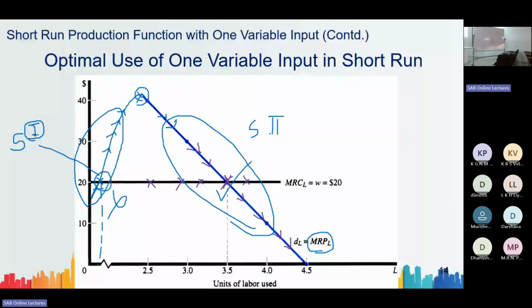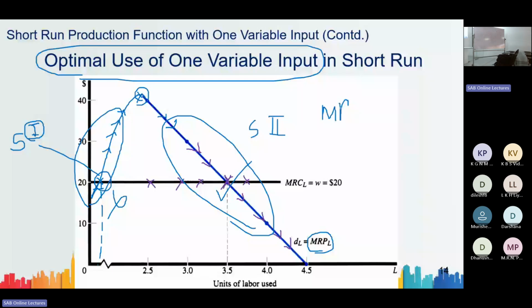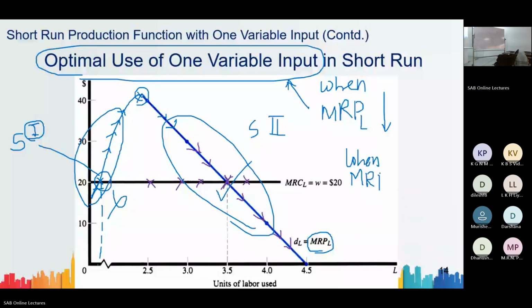Therefore, the optimum use of the variable input is found only when marginal revenue product of labor is decreasing. When marginal revenue product of labor is increasing, it belongs to stage 1.